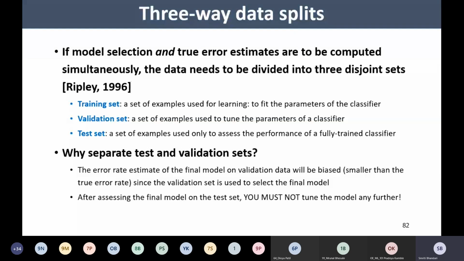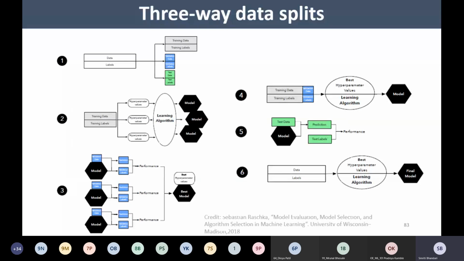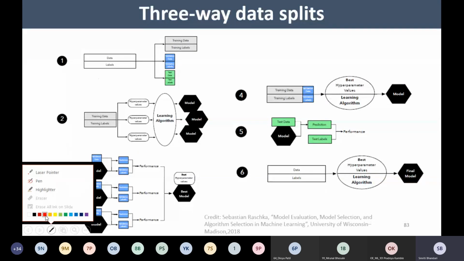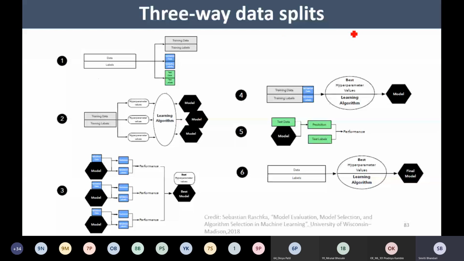So we are going to look at the entire process pictorially. If you see here on the screen, we have 6 steps mentioned under these 3-way data splits. If we are using 3-way data splits, then how do we need to proceed to come up with a final model? That is what this diagram is depicting.